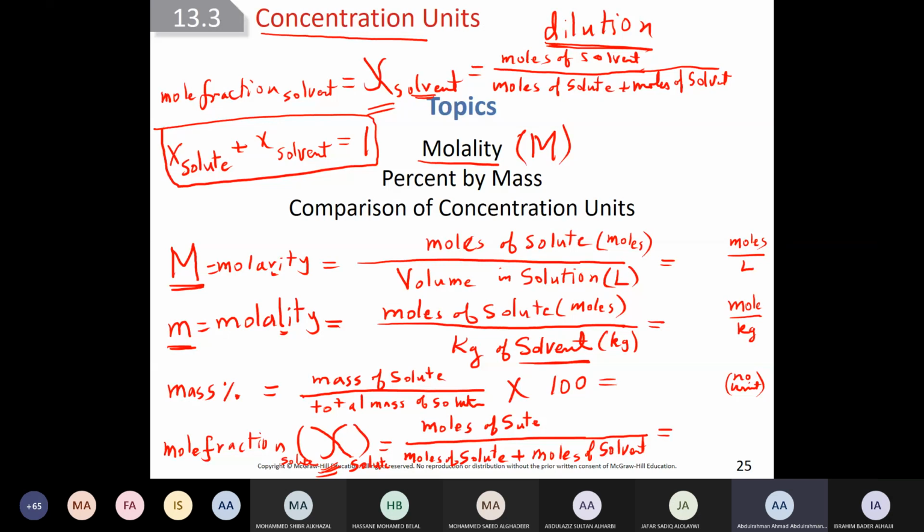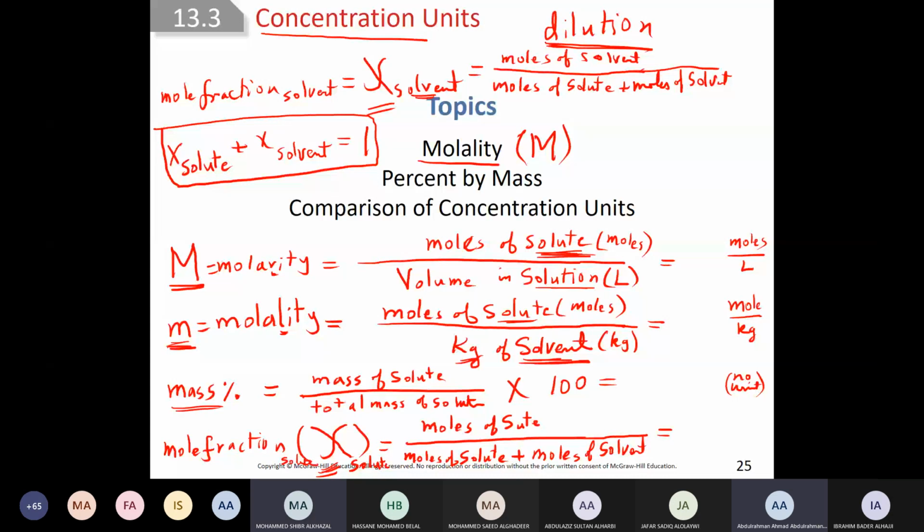I want you to look at these and memorize them very, very well. What's molarity? Moles of solute divided by volume of solution. What's molality? Moles of solute divided by mass in kilogram of solvent. What's mass percent?